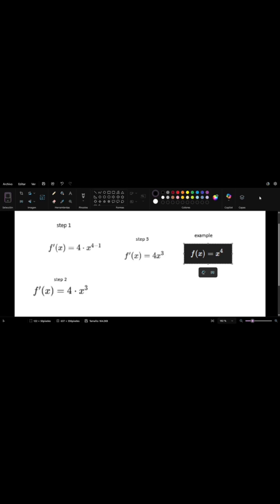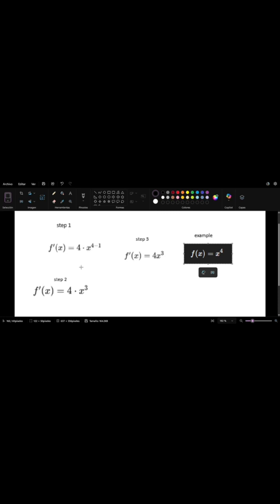Step number 1, identify the exponent. We see that the exponent is 4, so we will apply the power rule. Step 1, f prime of x equals 4 multiplied by x to the power of 4 minus 1, using the power rule.